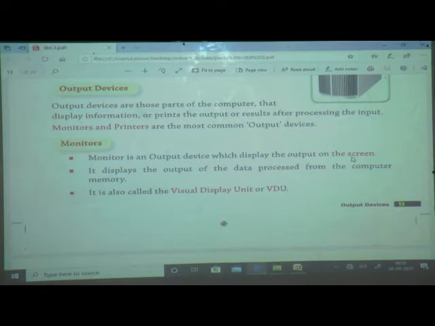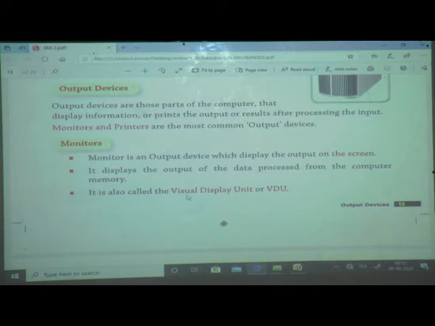It displays the output of the data processed from the computer memory. What is the CPU doing? It is displayed on the monitor screen.